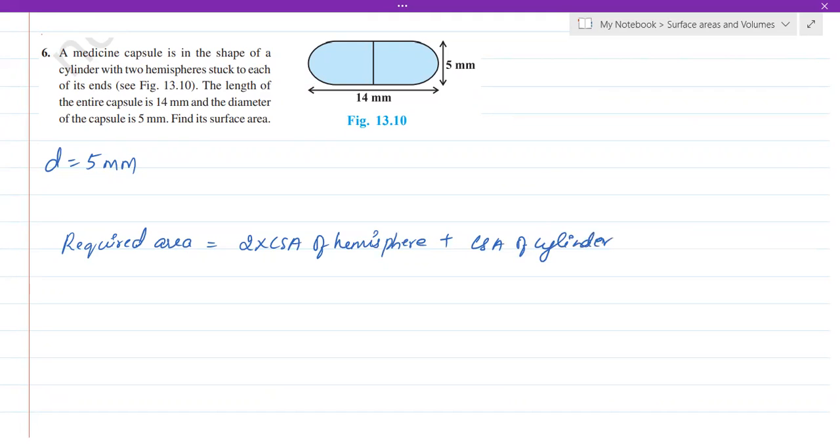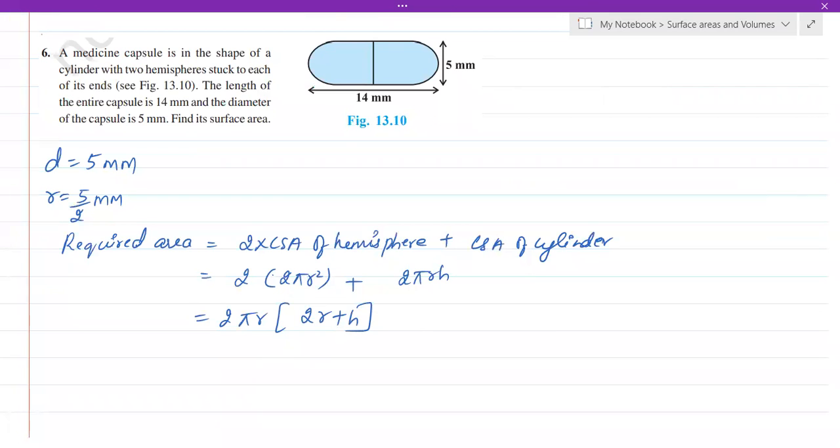Now, the radius will become 5 by 2 mm, that is 2.5. The radius of the hemisphere and the radius of the cylinder are the same, so let's take the same r. So 2 times CSA of hemisphere is 2 pi r square plus CSA of cylinder, which is 2 pi rh. So here you can take 2 pi r as common. Left out is 2r plus h.